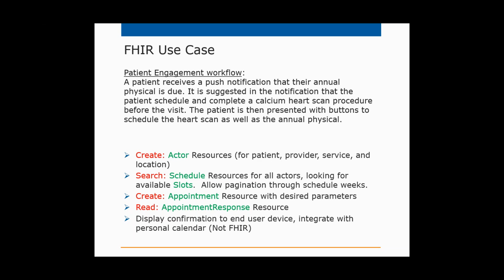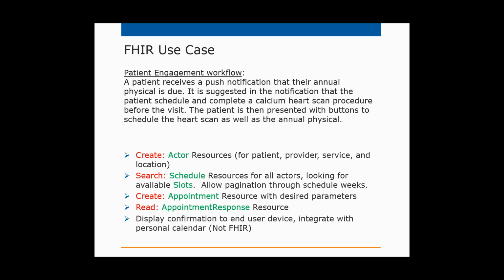So the very first step, we'd need to create actor resources for the patient, the provider, the service, and the locations. And then, once we have those resources created, we could do a search. Search the schedule resources for all of those actors, the actors being the patient, the provider, the service location, and look for available slots.